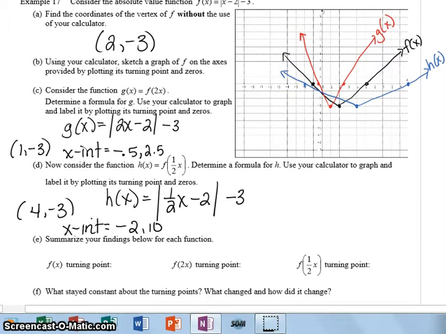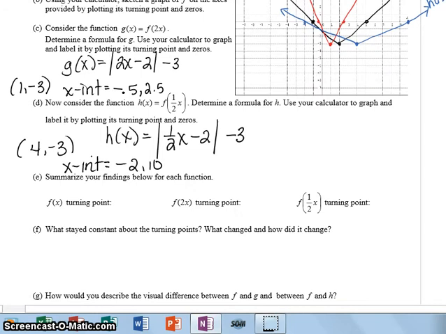Okay, so now find the turning point for the F graph. We already had that. That was at 2, -3, so I'm just collecting all the data here. F of 2x is part C. That was at 1, -3. And the turning point for when it was times a half, which is part D, is at 4, -3.